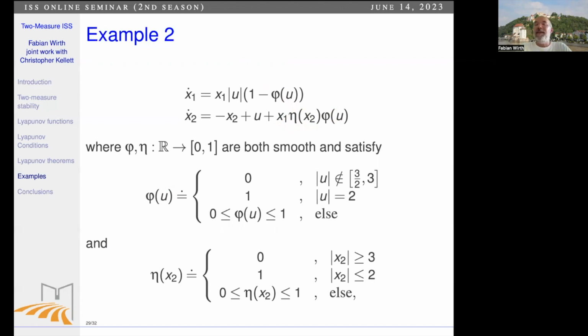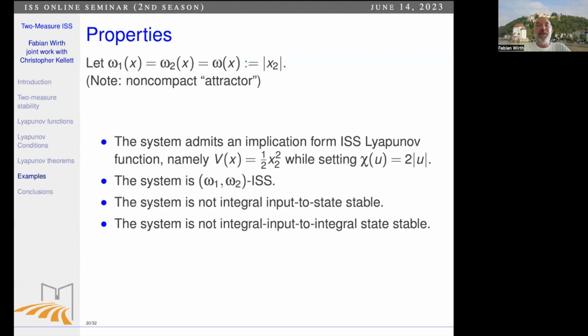And in fact, if you look for any dissipation formulation Lyapunov function for the system, you will fail, right? So no reasonable dissipation formulation Lyapunov function exists that will give you some sort of decay for the measurement functions, right? So integral input to state stability fails, integral input to integral state stability fails, but we have this nice dissipation Lyapunov function.